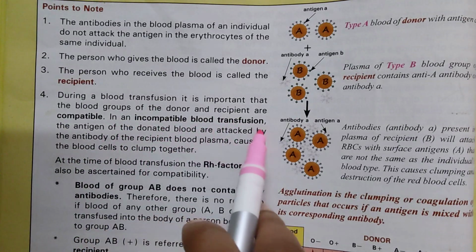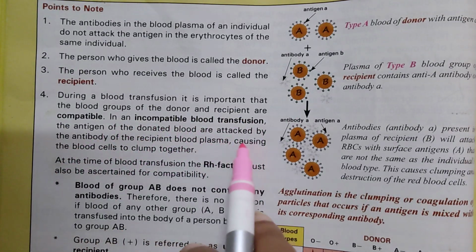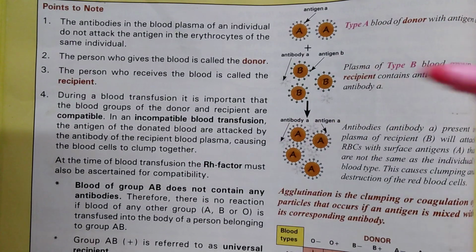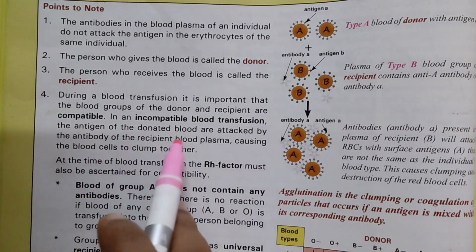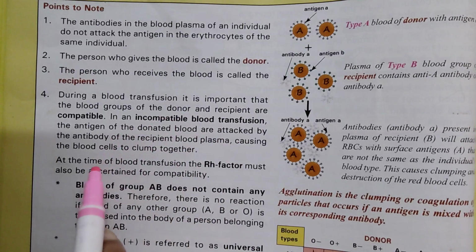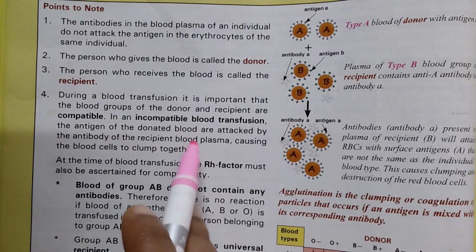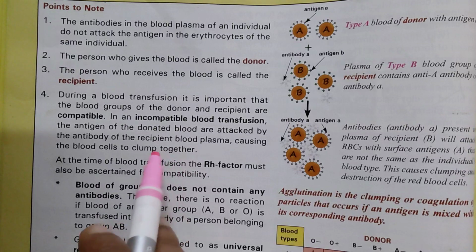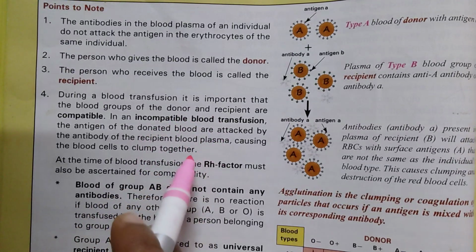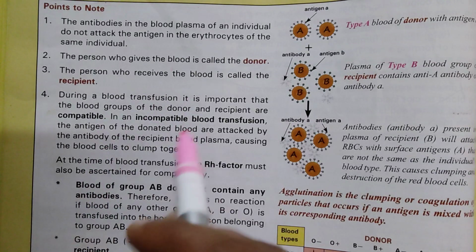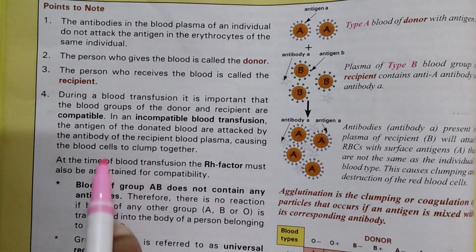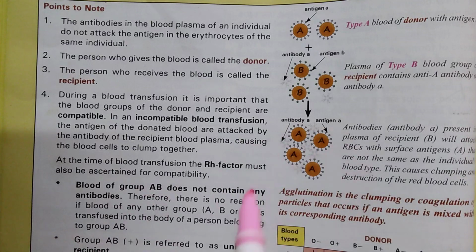In an incompatible blood transfusion, if somehow incompatibility arises, the antigen of the donated blood will be attacked by the antibodies which are already present in the recipient's blood plasma.